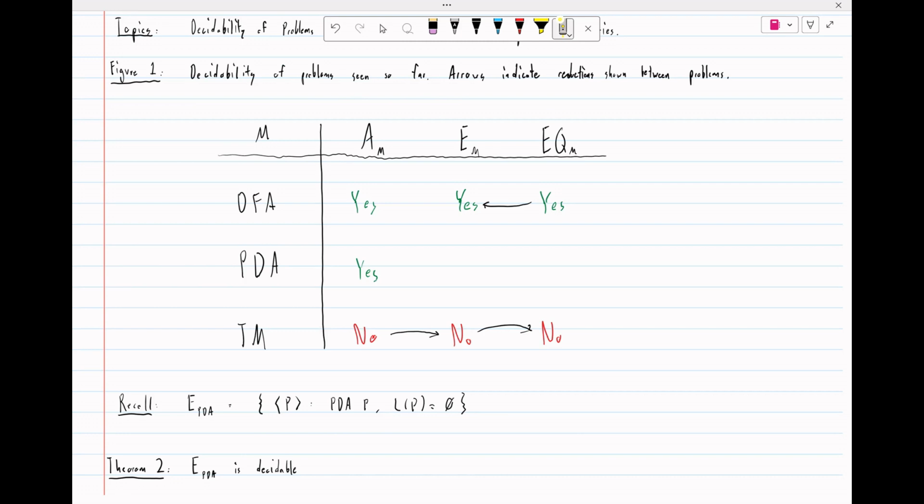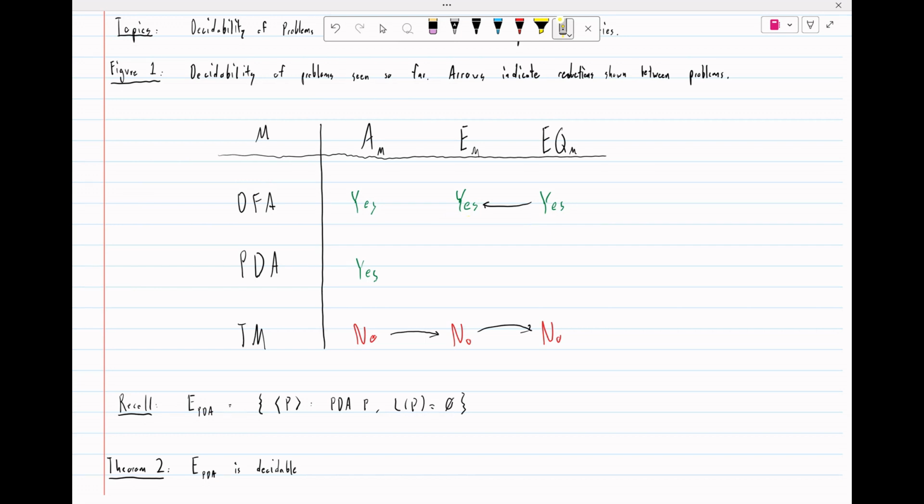Right, you are right. We did do something like that for the emptiness testing problem for DFAs. But then the way that we showed that the equivalence testing problem for DFAs was decidable was we gave a reduction to the emptiness testing problem, right? We showed if you can decide this, then you can decide this, right?